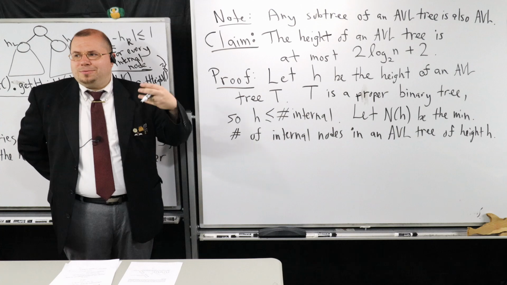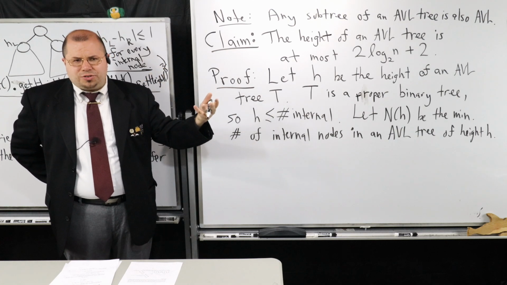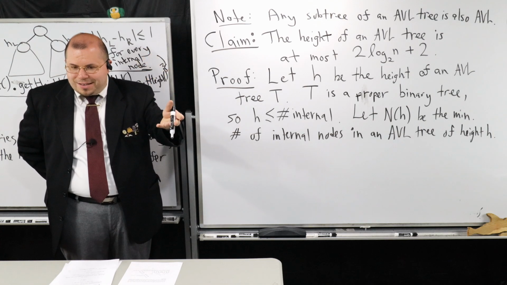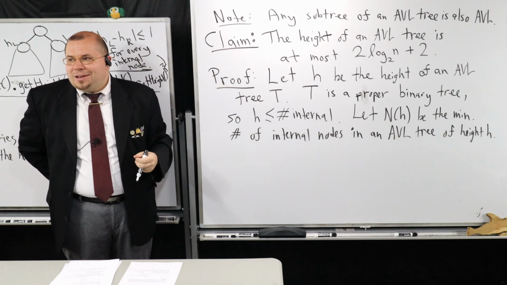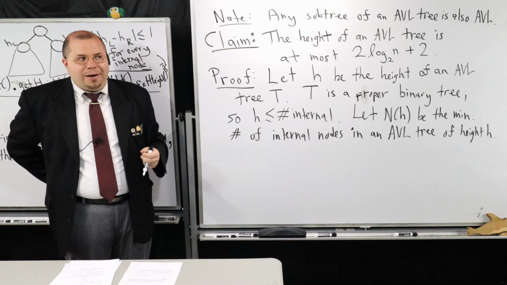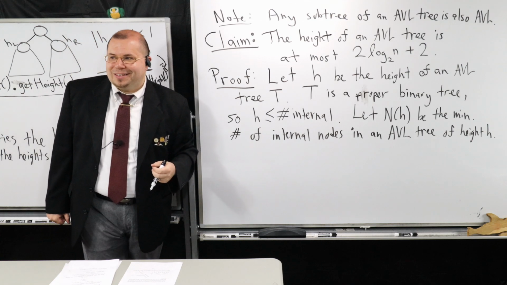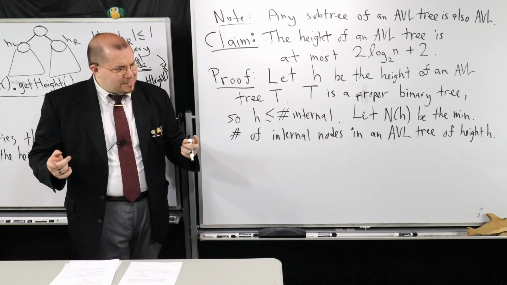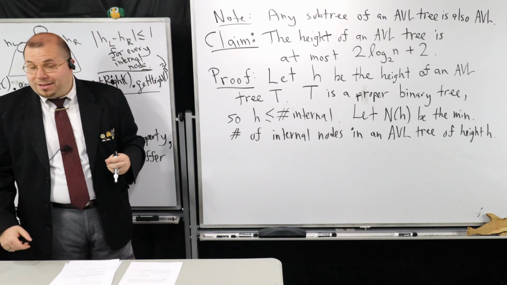Think back to what a binary search tree has. What does it contain? It contains records that are in the nodes, right? But which ones have records in them? Do the external or leaf nodes do, or what? The internal ones do, right?